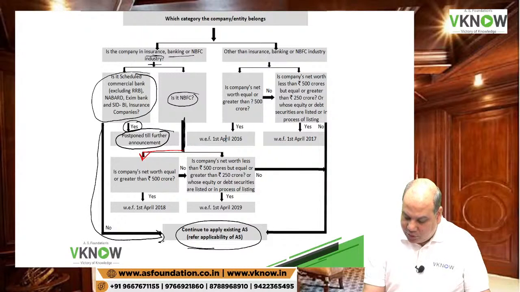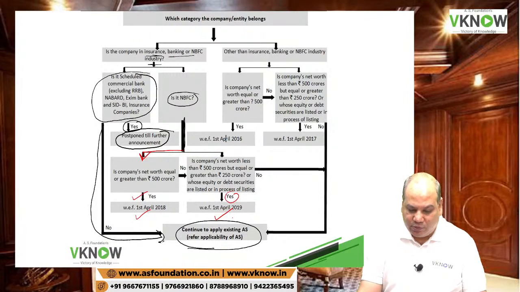Is the company's net worth equal to or greater than rupees 500 crore? Yes. Applicable from 1st April. Okay. Then is the company's net worth less than 500 crore but equal to or greater than 250 crore, or whose equity or debt securities are listed or in the process of listing? Yes. Then NBFC will also come under the Ind AS net.